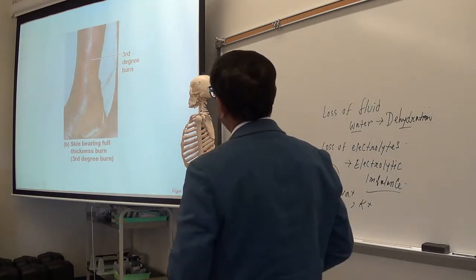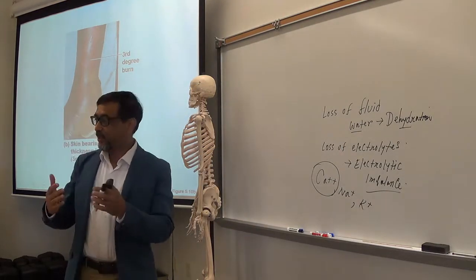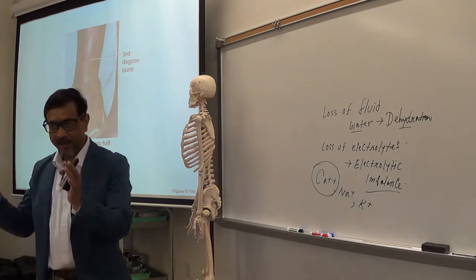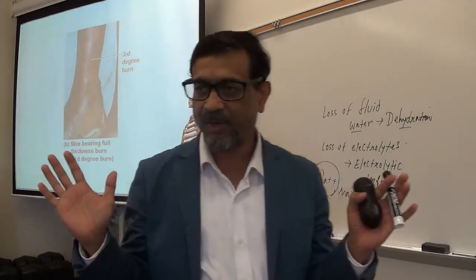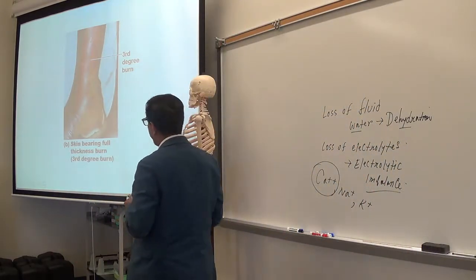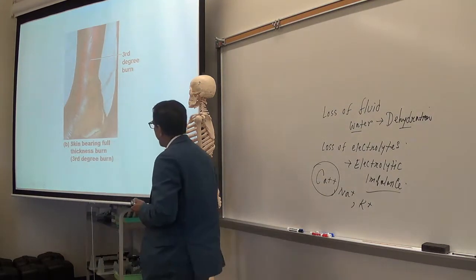Here you see third degree burn. Third degree burn is complete destruction or damage of the skin, right? Both layers, epidermis and dermis, are destroyed or damaged. So in that case, you need grafting of the skin. Here you see this person got third degree burn. Okay?